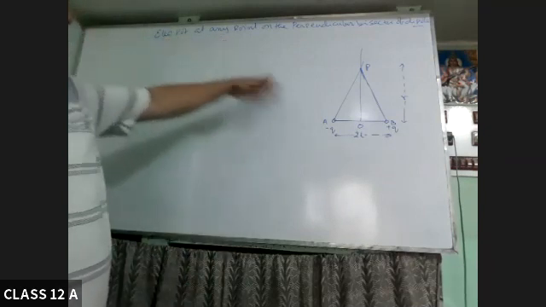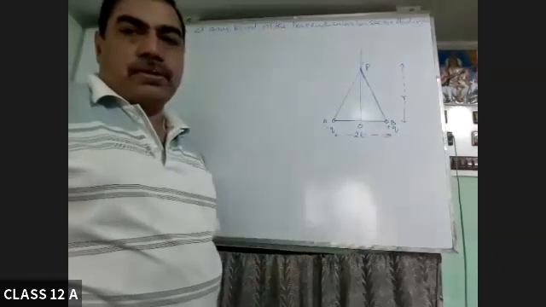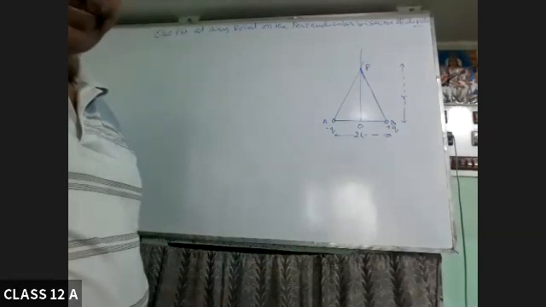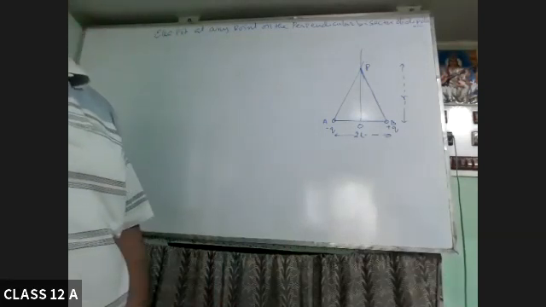The first part will be similar, and similar steps will be there. So you find what will be the electric potential at point P due to this dipole.